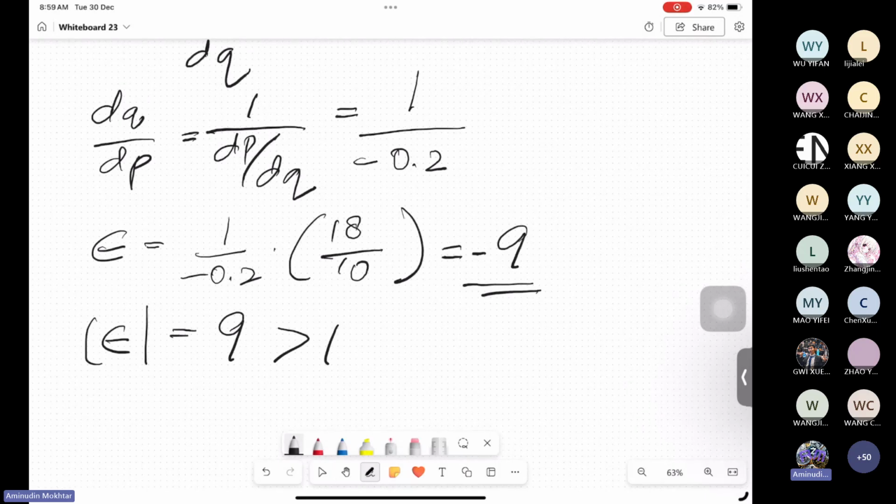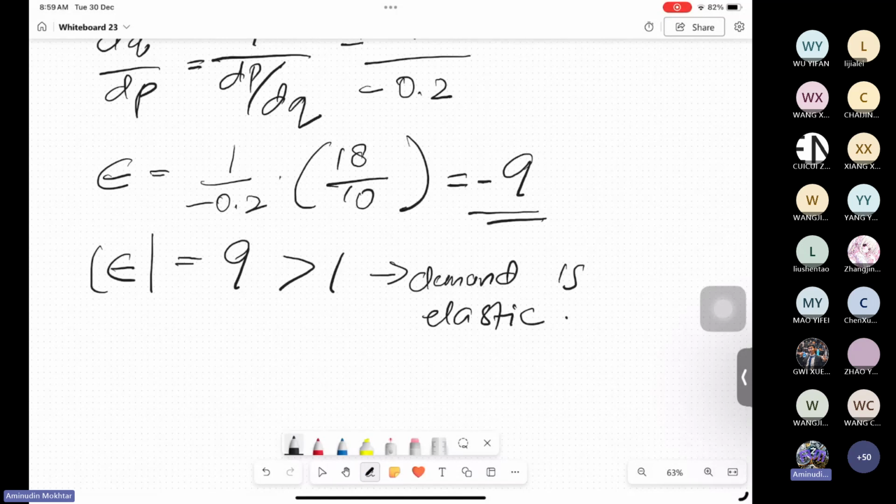Positive 9 is greater than 1. So we can conclude that the demand is elastic. Since the absolute value is greater than 1, the demand is elastic.